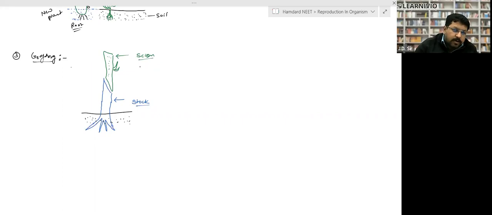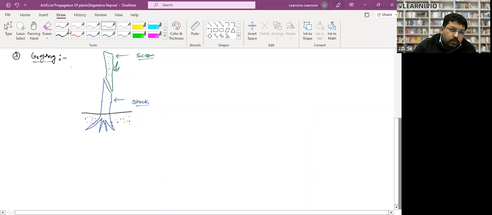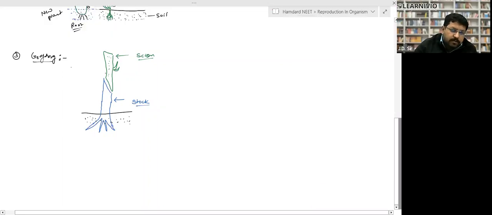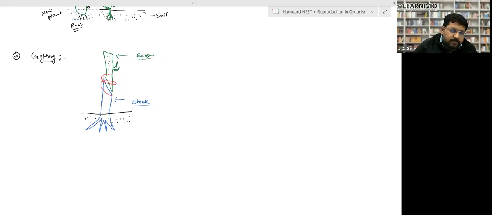So this is the scion plant. We put them together. After putting them together, we wrap it with the help of any good plastic or cloth.